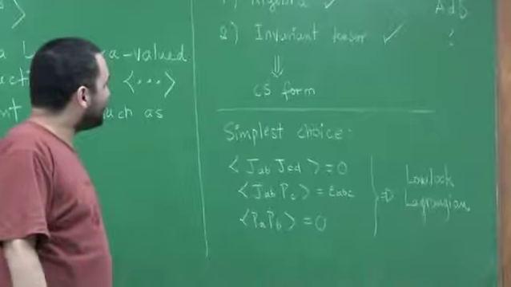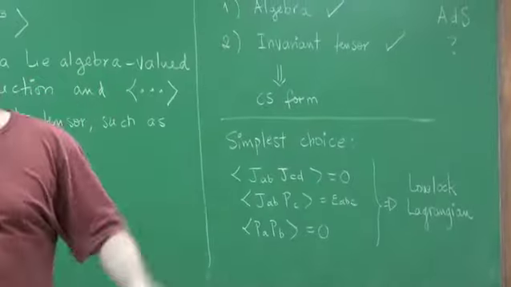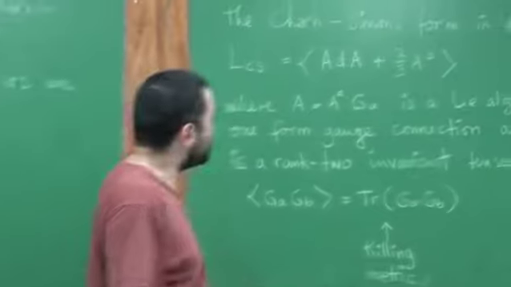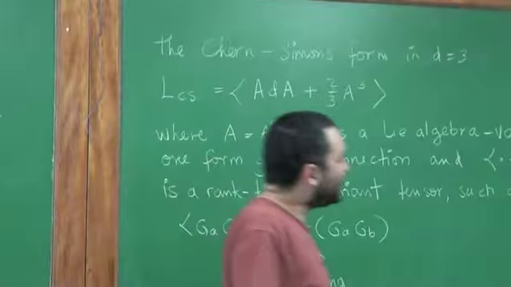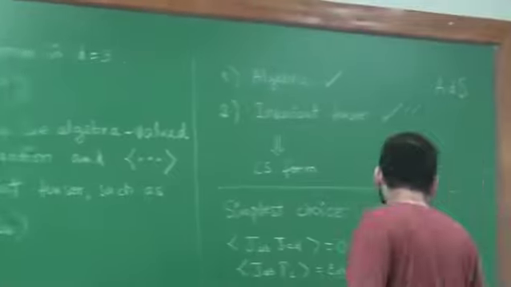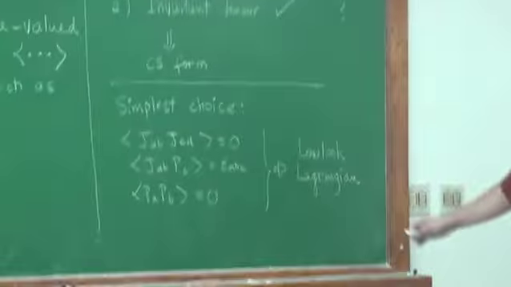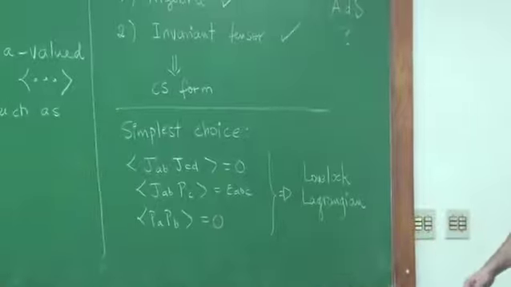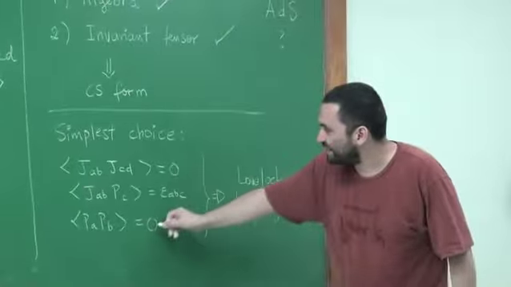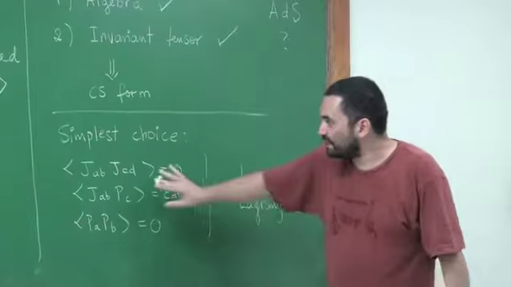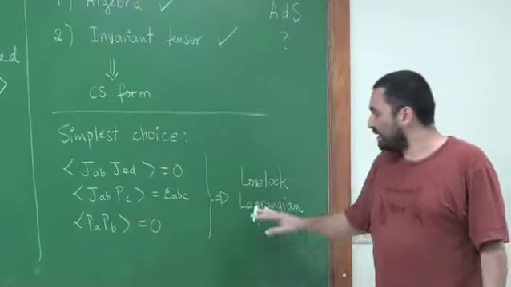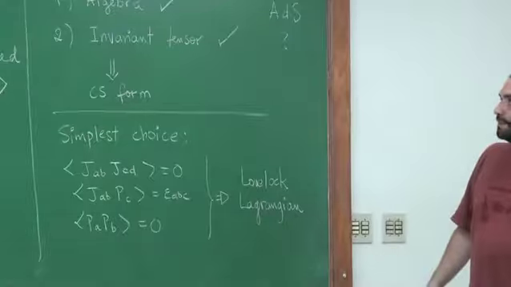So this is the three-dimensional miracle. This is the reason why it works, because we have this Chern-Simons form. And it's very nice that what you find is a Palatini Lagrangian. You can find different things putting different invariant tensors here, but you can use this simple choice and get only a Palatini Lagrangian.